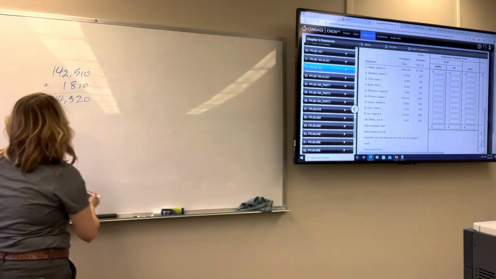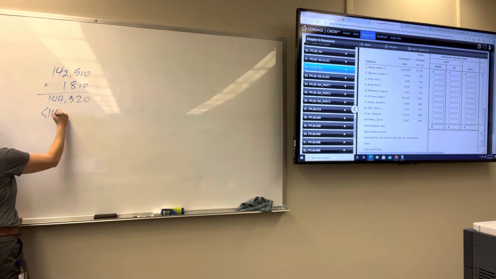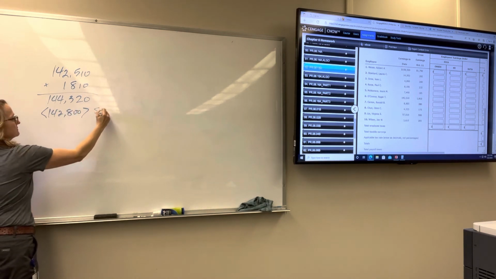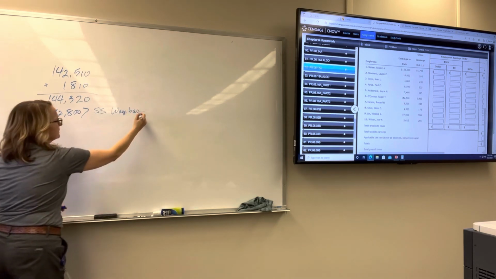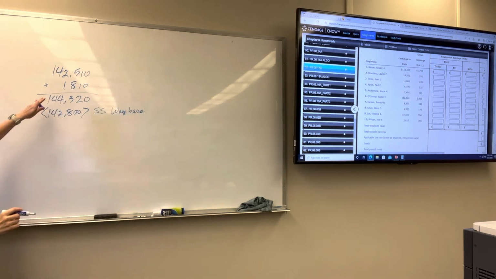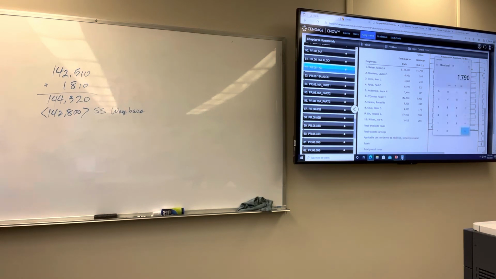How much has he surpassed it by? So 142,800 is our wage base. We've got to figure out how much of this 1810 is subject to Social Security tax and how much isn't. All of it's going to be subject to Medicare tax. We just have to figure the Social Security tax.